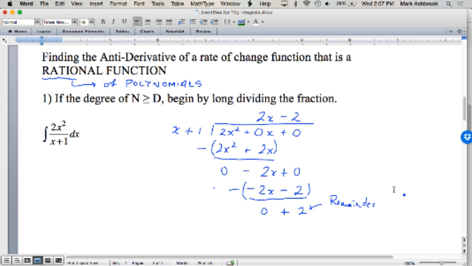Which means we can rewrite 2x squared over x plus 1 as the quotient plus the remainder over the divisor. Remember that? So now this gives us a way to rewrite this integral as what? 2x minus 2 plus the remainder over the divisor.